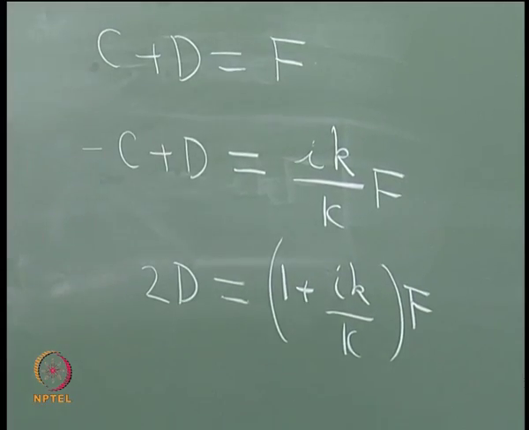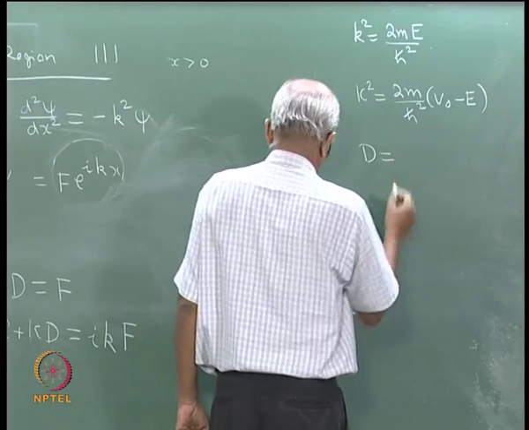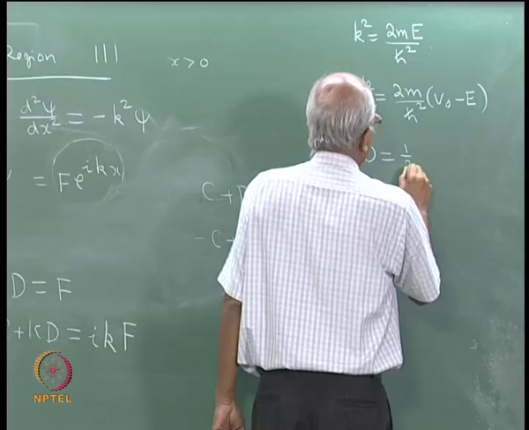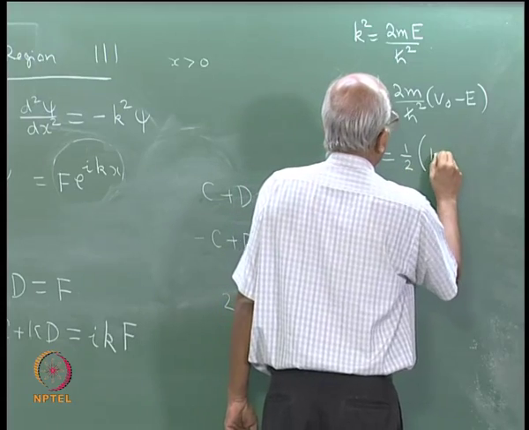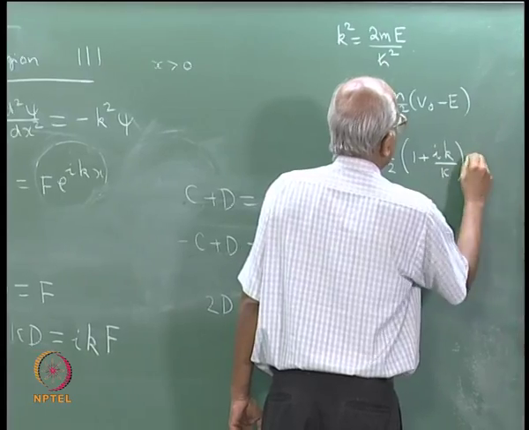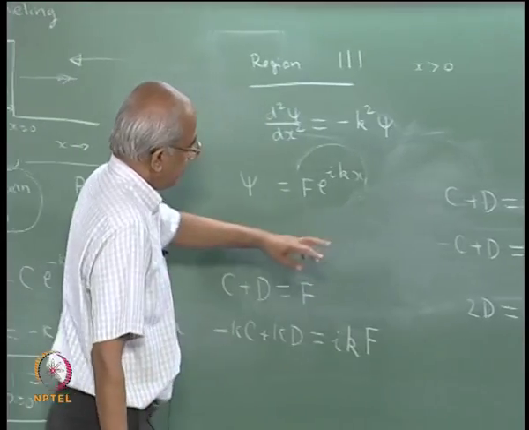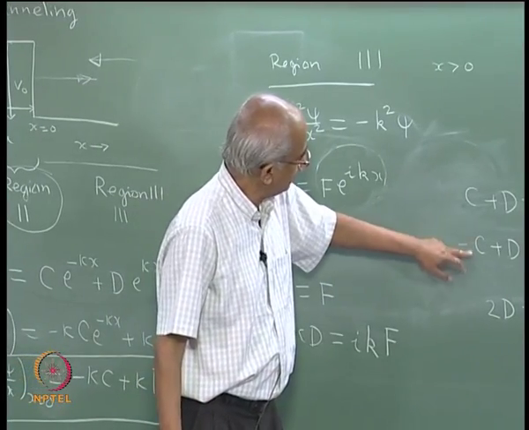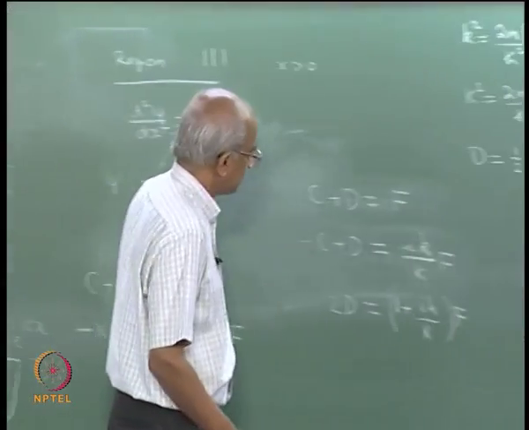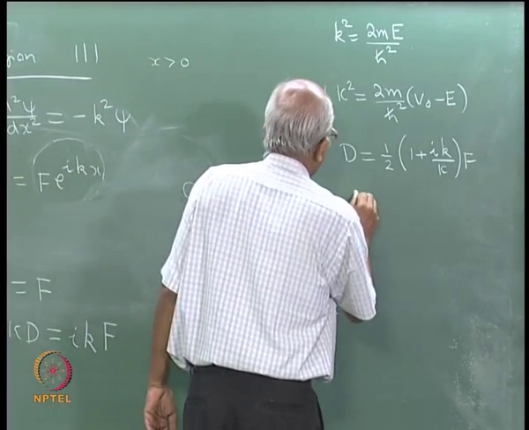And therefore I can say that d is equal to 1 by 2 into 1 plus ik divided by kappa into f. Similarly, if you subtract this equation from that equation, you will get an expression for 2c, and you can solve that for c. What will be the answer?